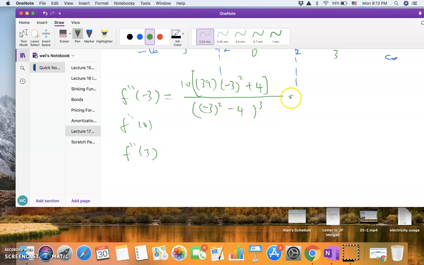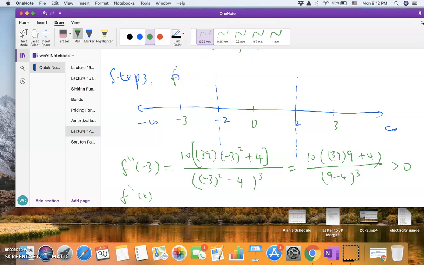We can see this is 10 times 39 times 9 plus 4 over 9 minus 4 to the power of third. Now this is positive.